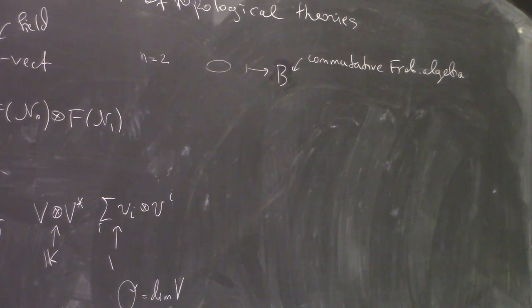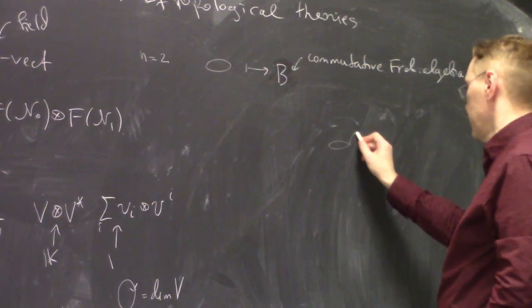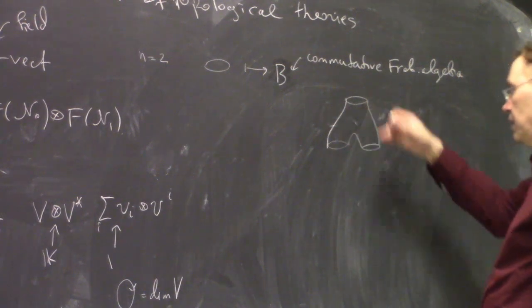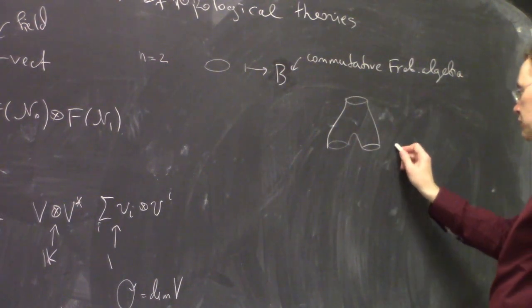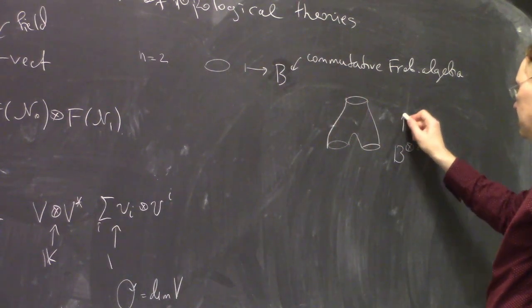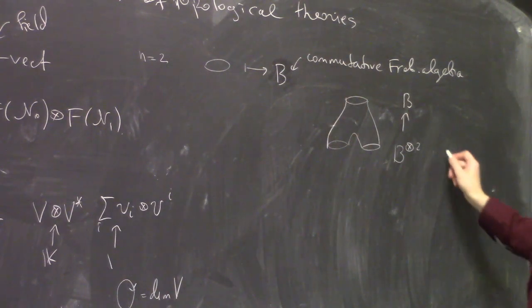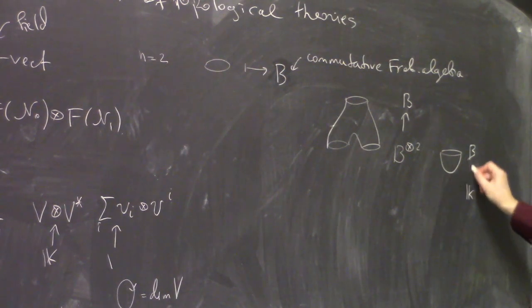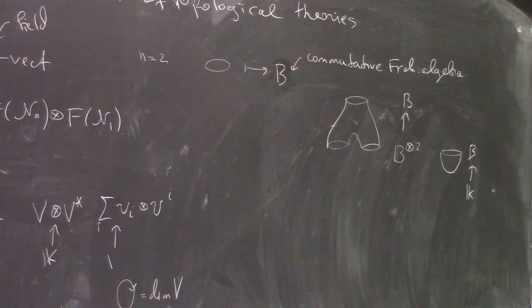So it needs to have multiplication induced by the pair of pants cobordism. This multiplication goes from the 2 circles to 1, so it should be a map. If B is assigned to a circle, you'll have a map from B squared to B. You'll also have a map from the ground field to B, which corresponds to the inclusion of a unit element.